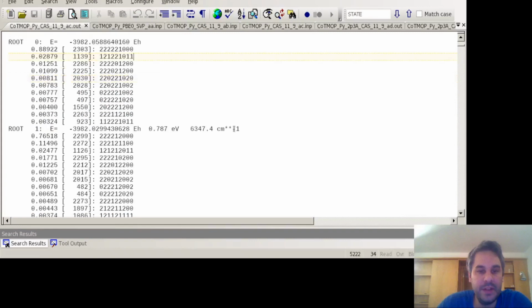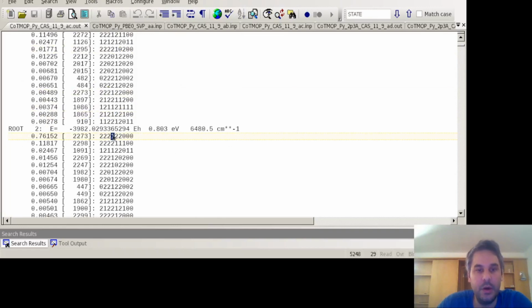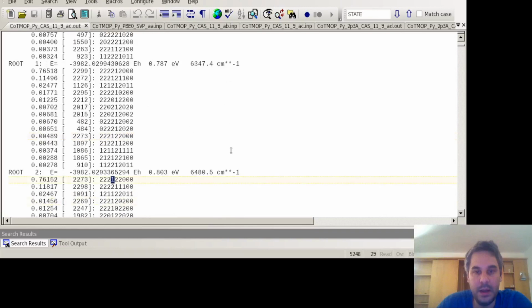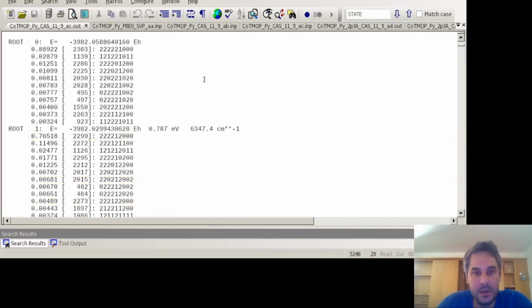Then we will have different excitations, and we will see that the first root has a certain excitation towards an electron in probably the XZ orbital or the YZ orbital, and the second root will have an excitation to the other orbital, and these energy differences are quite reasonable.